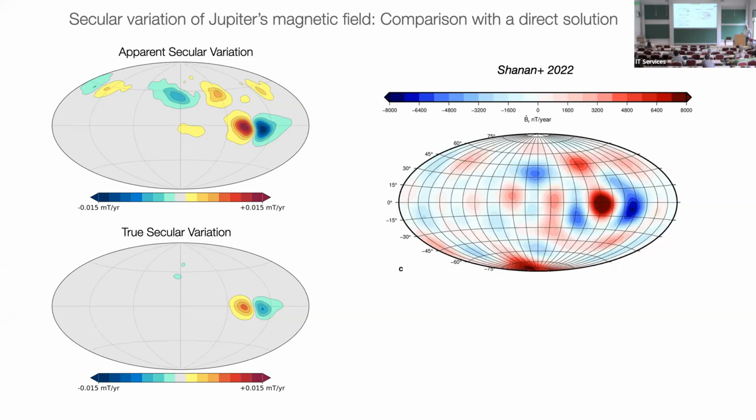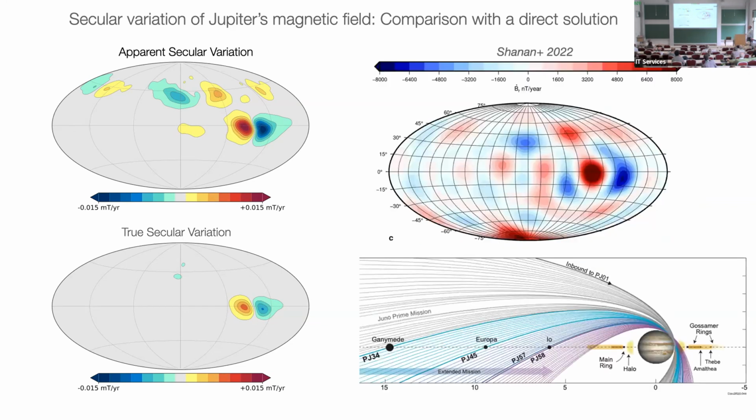What they have solved for here is in large part due to being in the wrong frame of reference and isn't true secular variation. They also see very strong secular variation at the South Pole, and that is spurious, and it arises from the evolution of Juno's orbit.